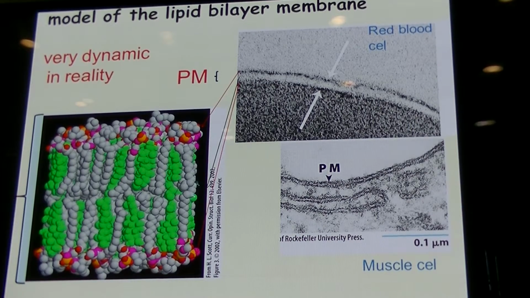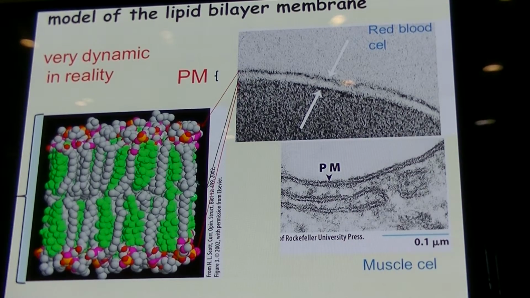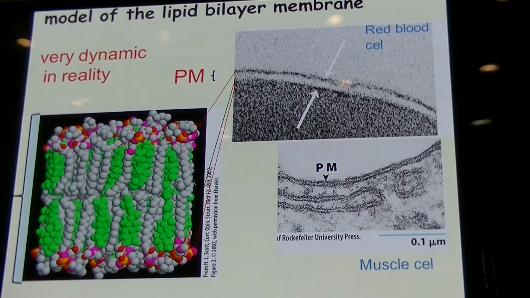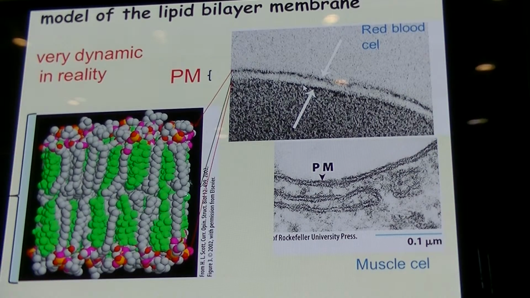There are immense amounts of motion going on there. To put it in skateboarding terms, the amount of motion and dynamics in a membrane like this is massive.